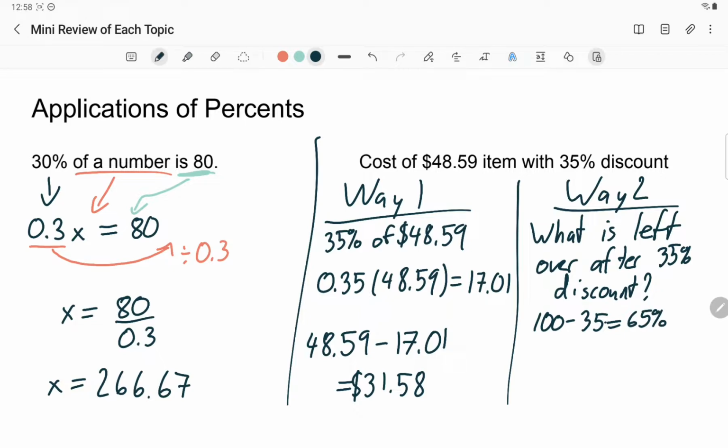So in a sense, you have 65% left over, or the new cost will be 65% of the original cost. So you could just do, in this case, 65% of the 48.59, and you will also end up getting 31.58. And so that's an alternate way of completing that kind of question.